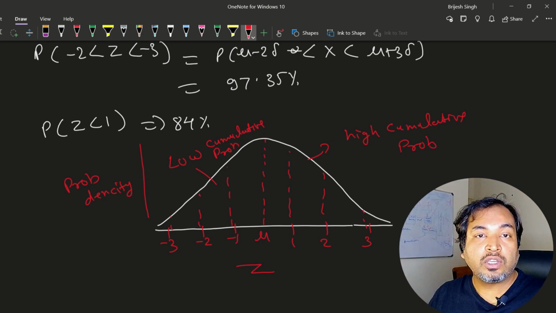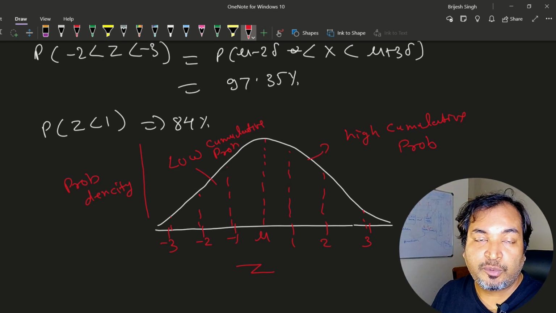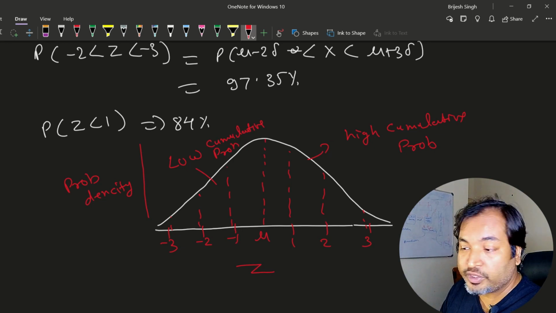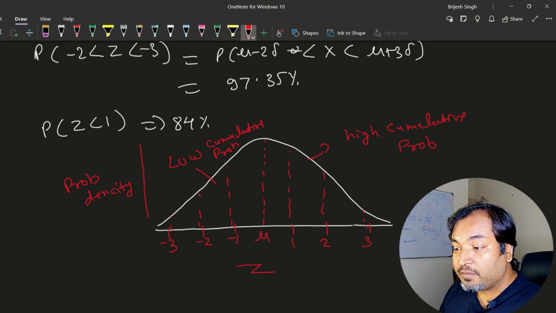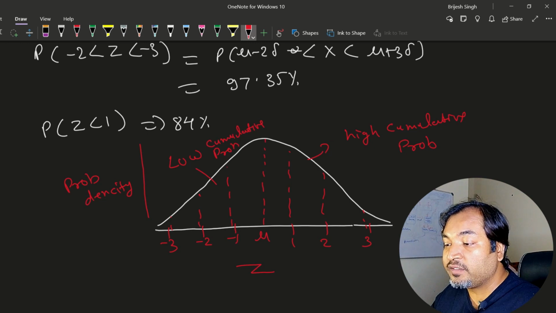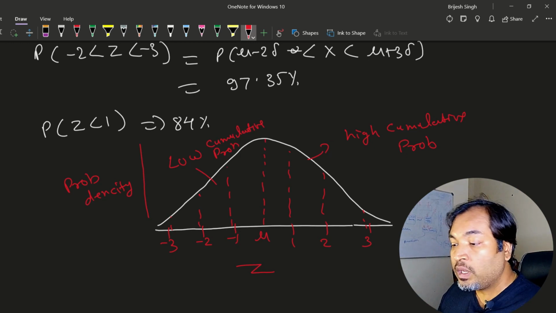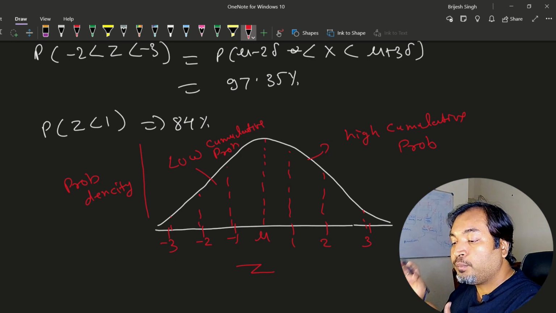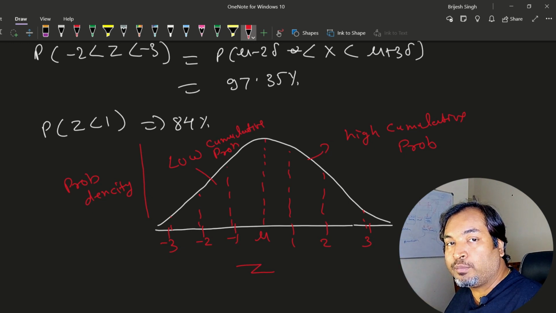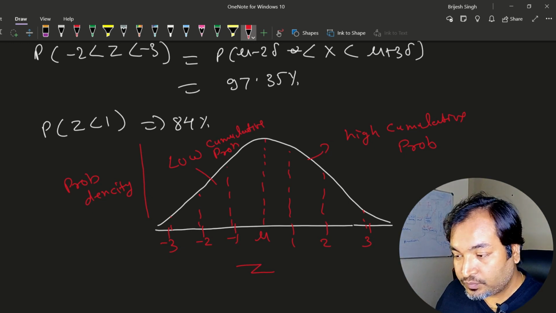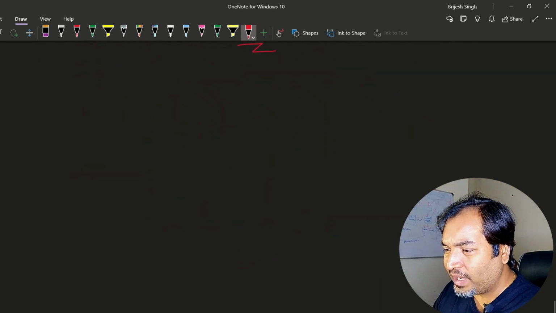Because we are talking about continuous probability distributions, and the normal distribution is a continuous probability distribution, right? So if you calculate the cumulative range from left towards the mu, you will get a low value, and if you go further from mu to the rightmost, you will get a high cumulative probability in this range.